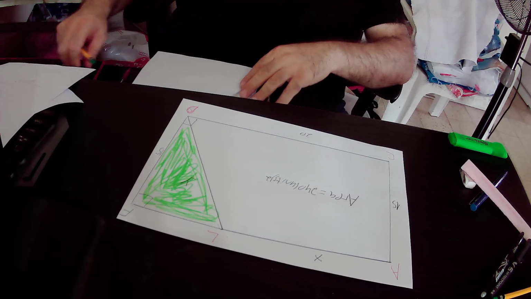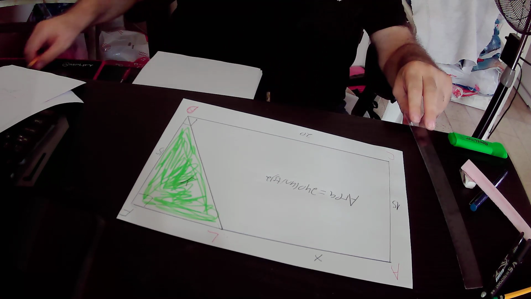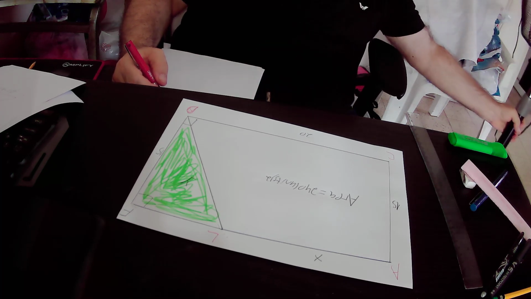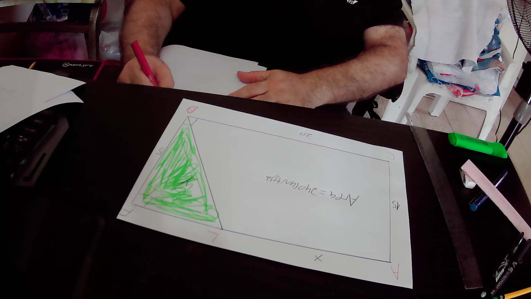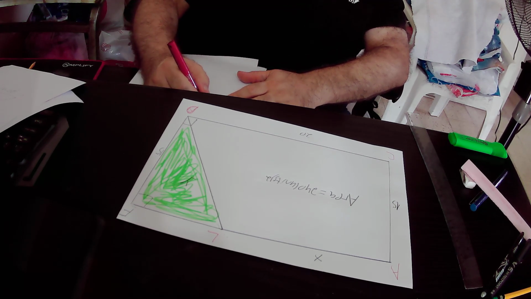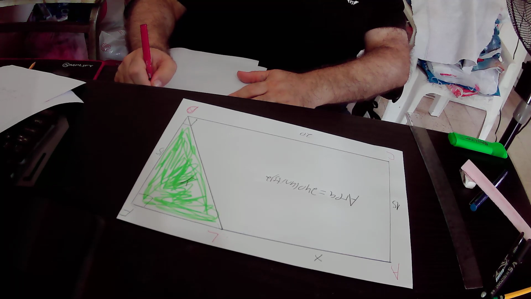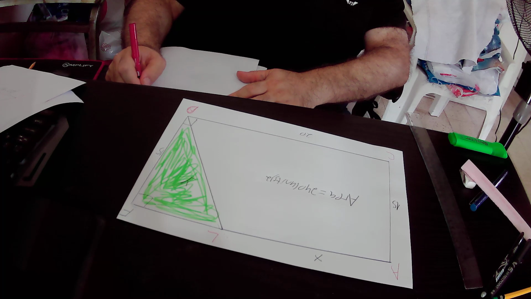The formula for the area of a triangle equals the base of the triangle times the height to the base over 2.